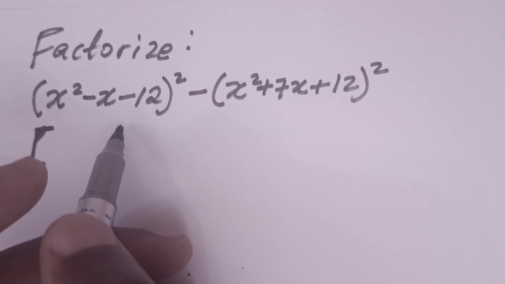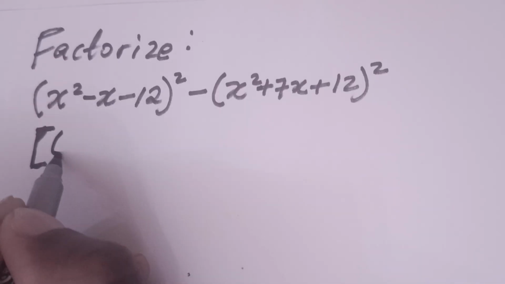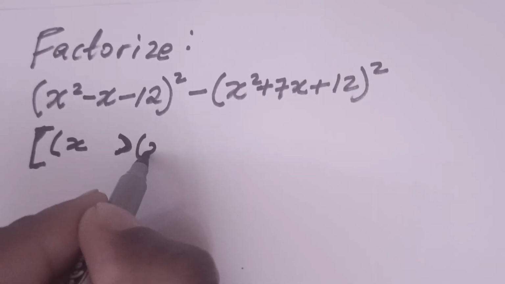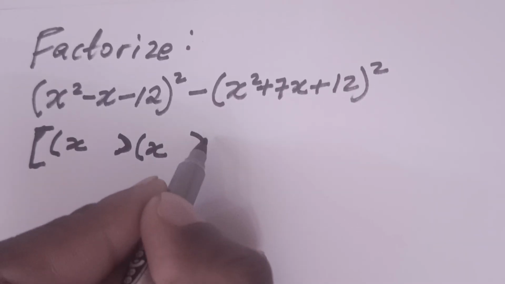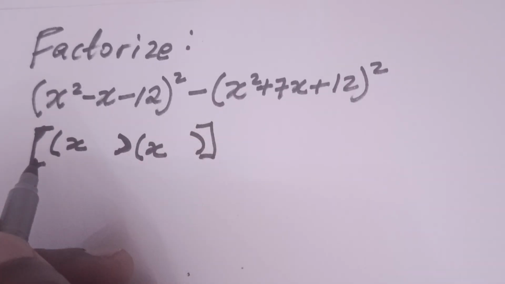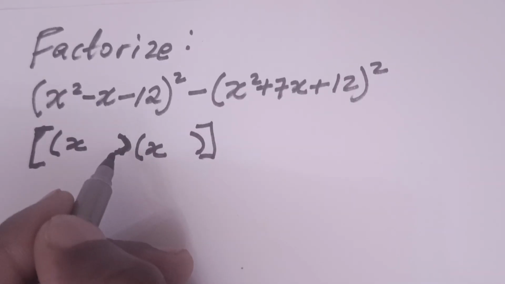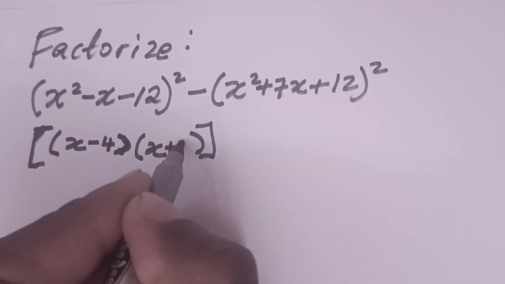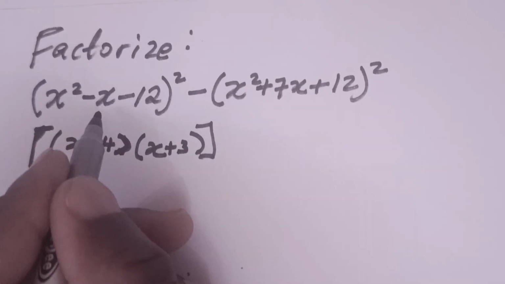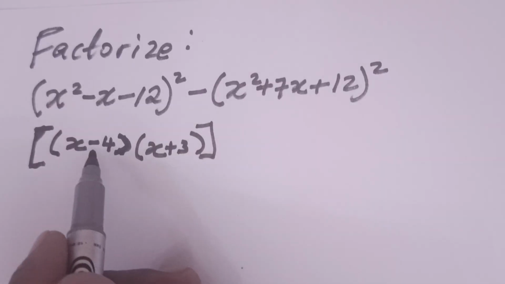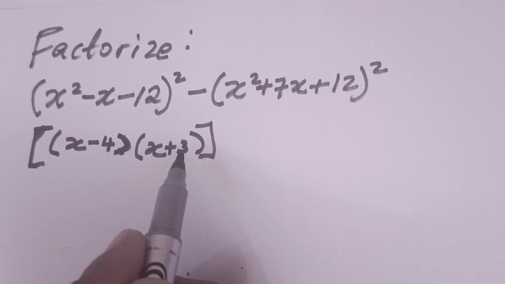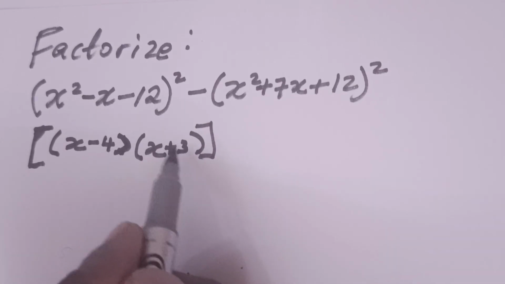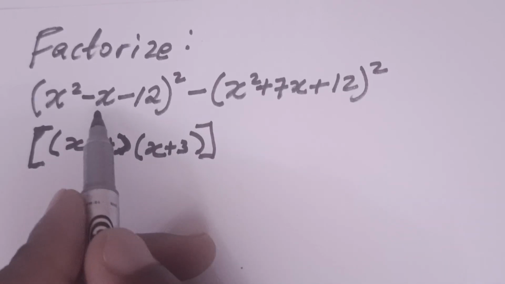But for two values that multiply to give a negative 12 and add to give a negative 1, that is x minus 4 and x plus 3. That thing is factorized: (x − 4)(x + 3), because minus 4 times 3 is minus 12, and minus 4 plus 3 is minus 1.